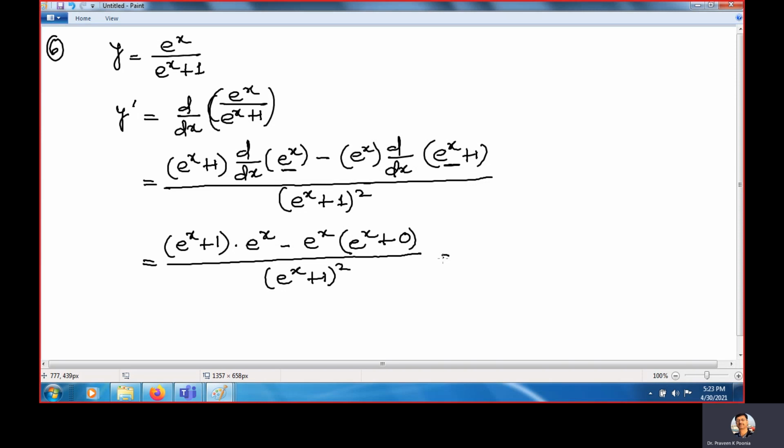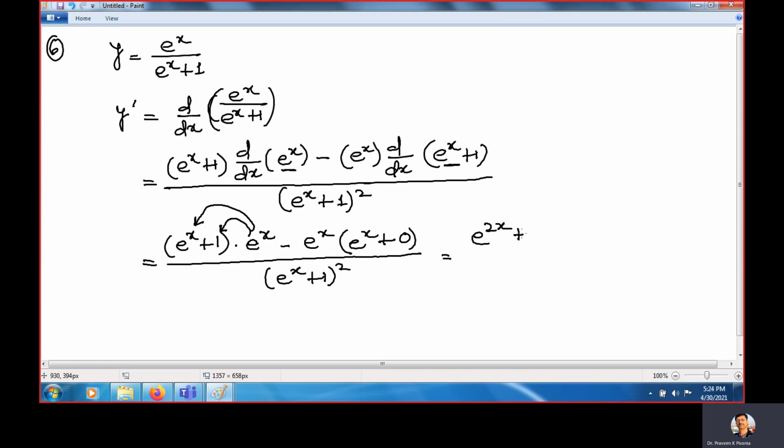If you simplify this, how much? e^x into e^x. It is e^2x. Powers always add, because the base e is the same. So if you multiply this into this, e^x, e^2x.